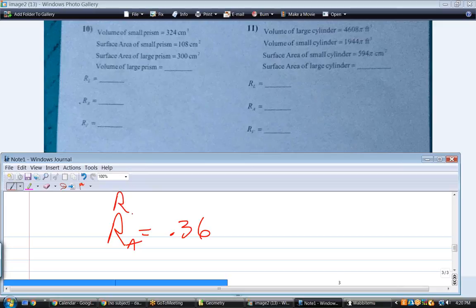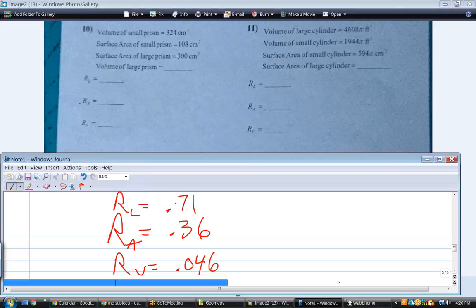So now let's go backwards and figure out the linear ratio. 0.36, it's 0.71. And now the volume ratio. 0.046.